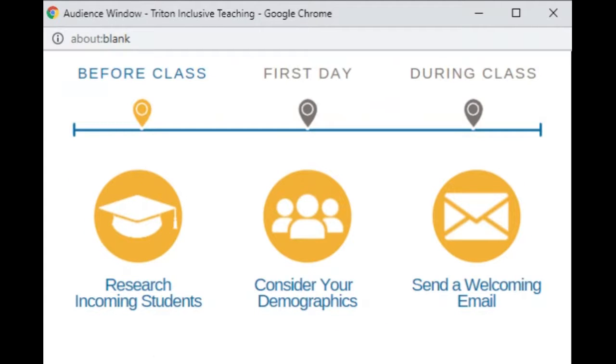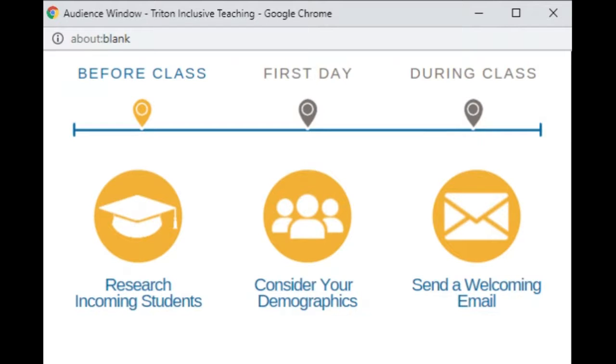When we talk about getting to know our students on a very practical level, that happens before class. I've already intimated a little bit of this: we want to research the incoming students. We want to know what was happening in their ecosphere before they came to our institution. And then we want to consider the demographics of the students specifically that we serve.